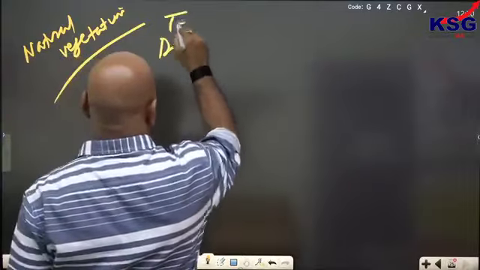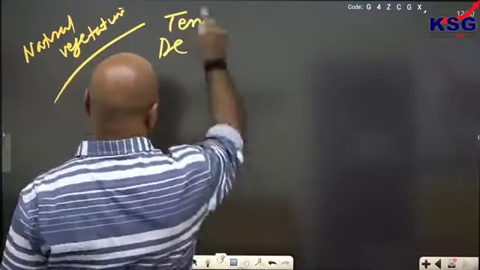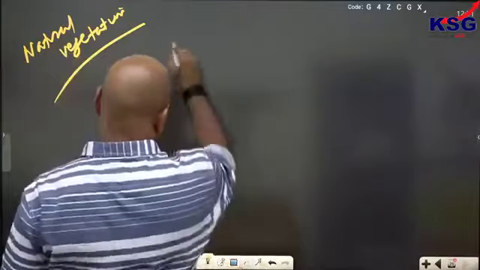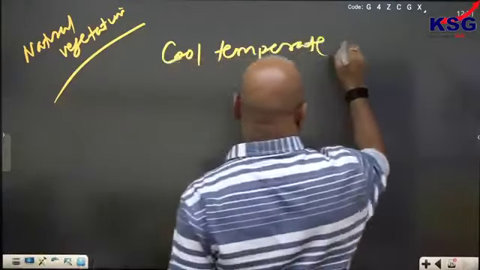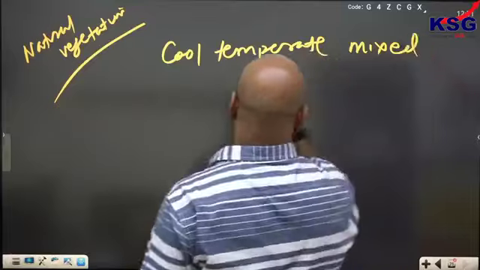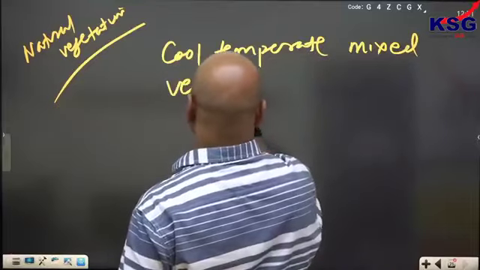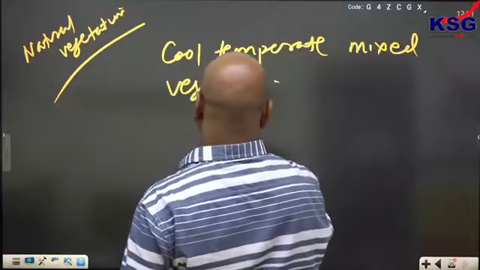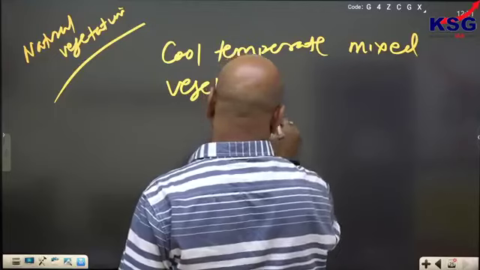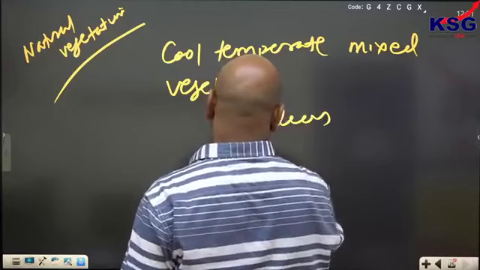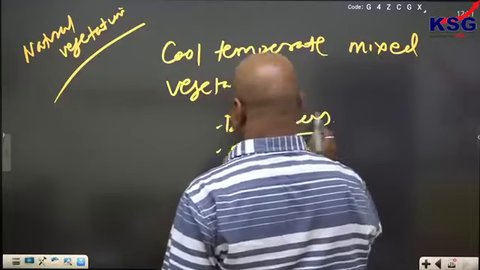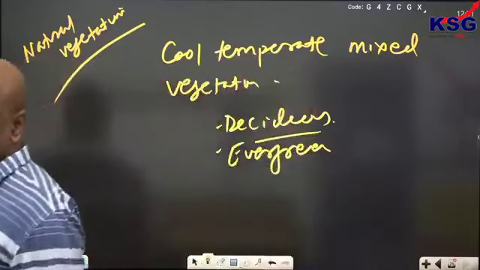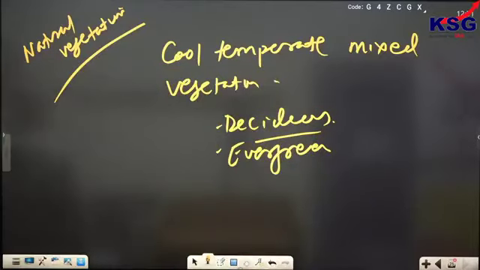Deciduous, temperate or cool temperate, deciduous and evergreen. Cool temperate mixed vegetation, that is deciduous and evergreen. Evergreen at the coast, deciduous at the interior part, bit of interior, deciduous you have. Very cold condition, deciduous.